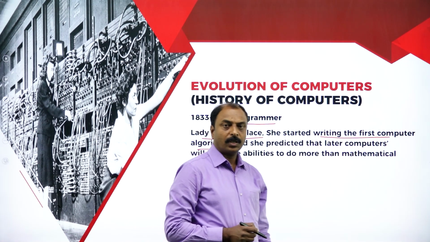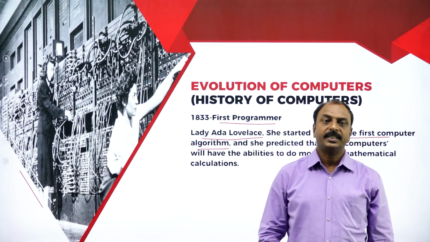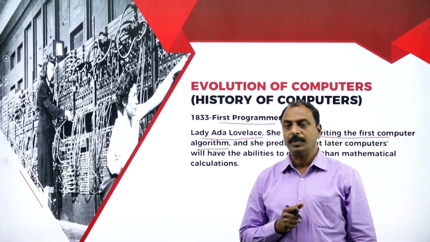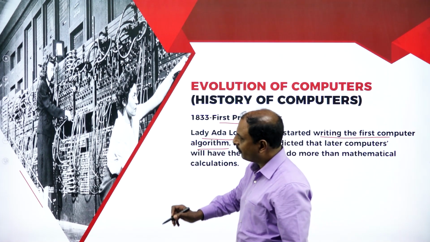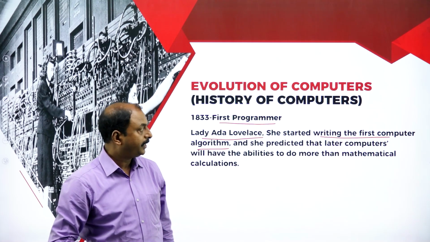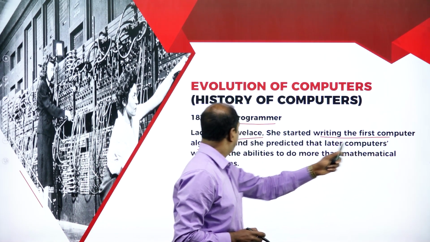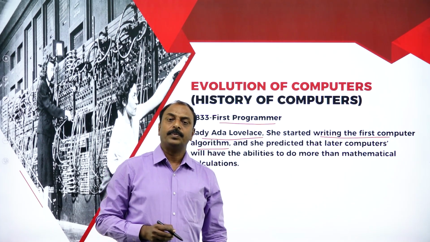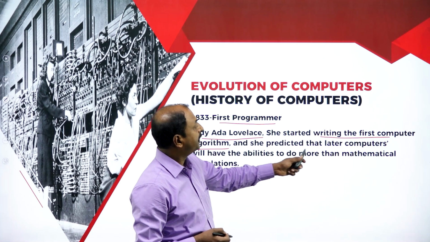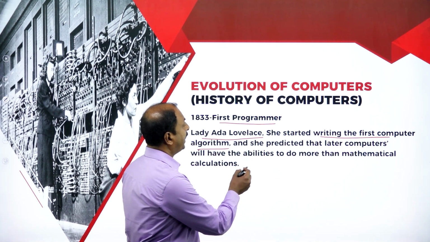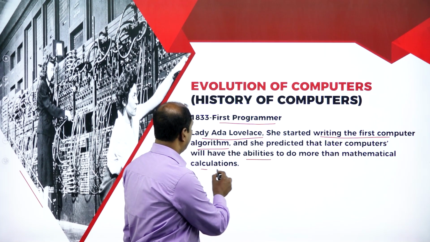So, what is an algorithm? An algorithm is a set of instructions, a step-by-step procedure to solve a problem. As she worked with Charles Babbage for many years, she started writing the first computer algorithm for a particular application or calculation. She predicted that later computers would have the ability to do more than mathematical calculation.